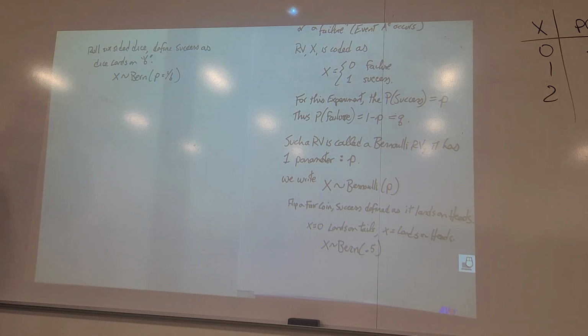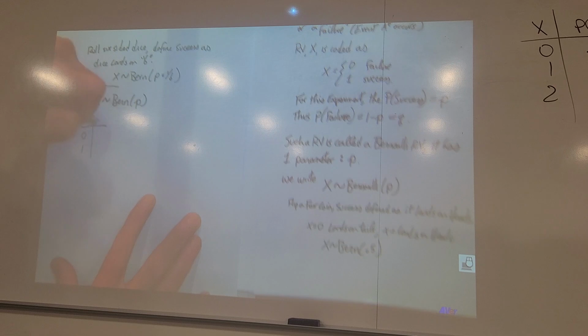Makes sense? And by the way, you could define it differently, okay? And so, let this random variable X be a Bernoulli with parameter P. Then its probability distribution is either a 0 or a 1 with probabilities: probability it's 1 is P, probability it's 0 is 1 minus P, often denoted as a Q.